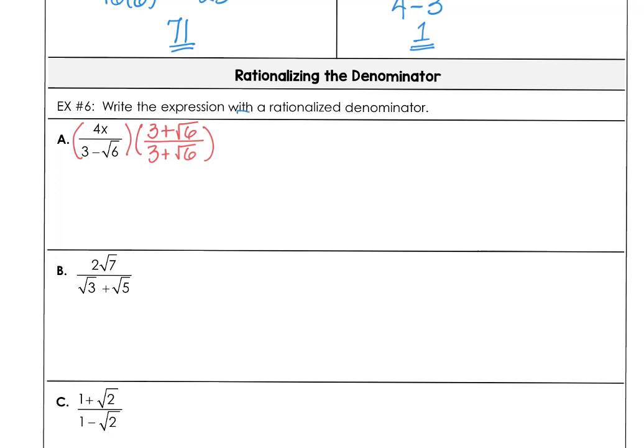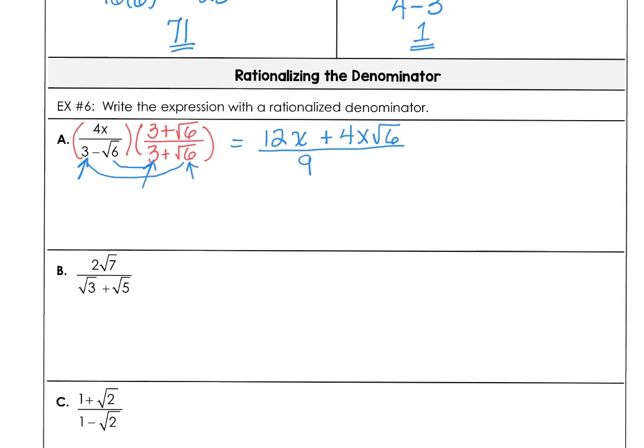In the numerator, we're going to end up with 4x times 3. So 4x times 3 is going to give us 12x. And then 4x times the square root of 6 would just be 4x times the square root of 6. But saving some time, since we know that the outside and the inside add up to 0, we really just need to think about the multiplication of the first two terms, that's 9.